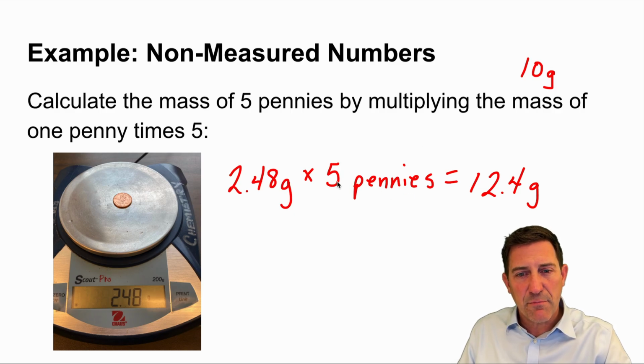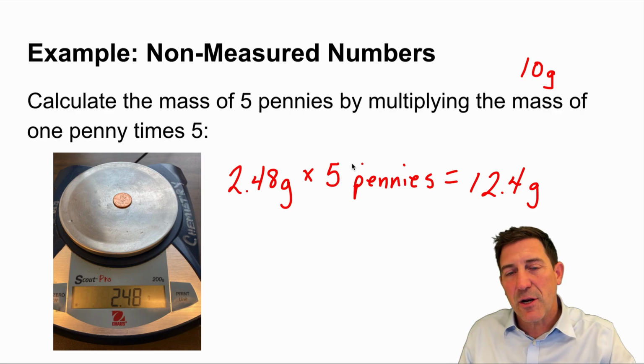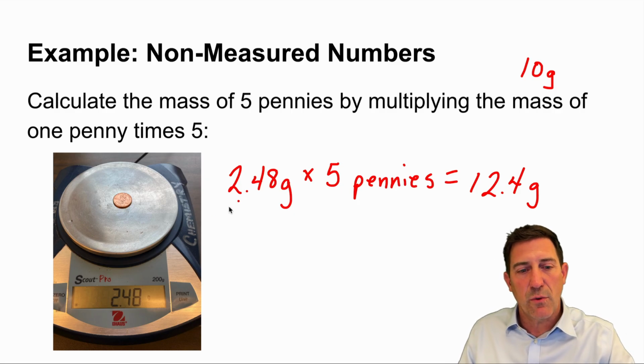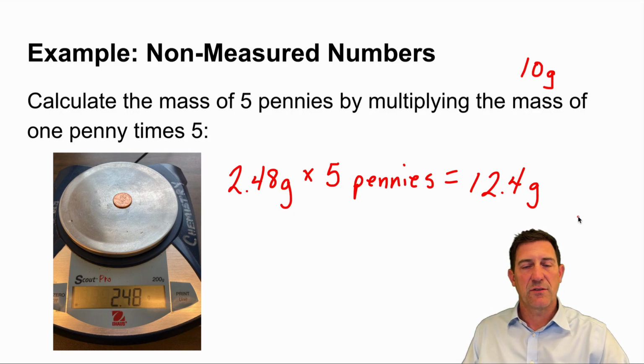That's never going to be 5.1 or 5.6. It's 5 pennies. So because it's not a measured number, it doesn't limit our significant digits. We only look at the measured one. This is just counting out 5 pennies, which means we can have 3 significant digits. And indeed, we have 1, 2, 3 significant digits in our answer.